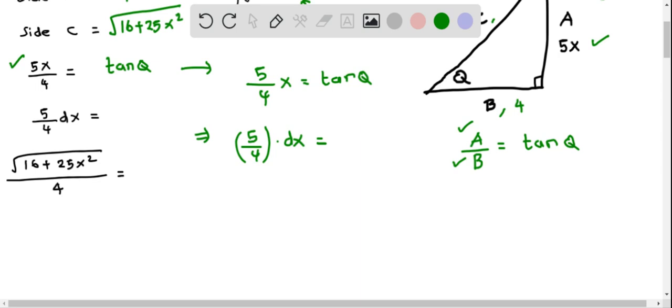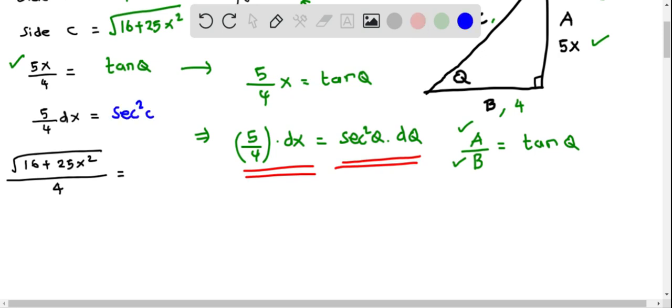Finding the derivative of tan theta, we get secant squared theta times d theta. So we can now say that 5 fourths dx equals secant squared theta d theta, which I'm going to write down here.